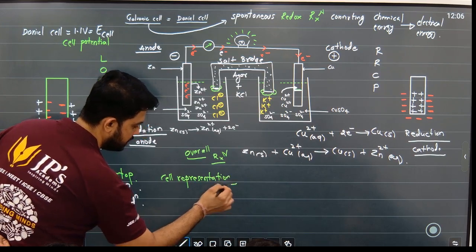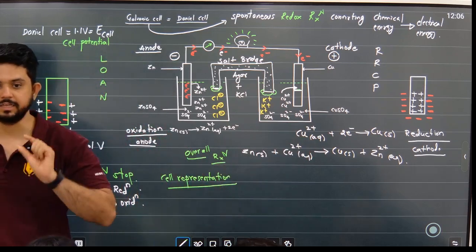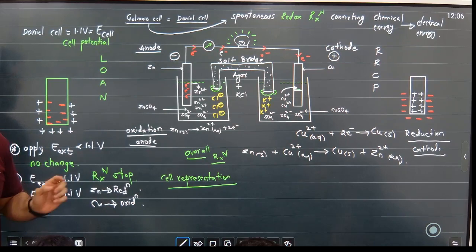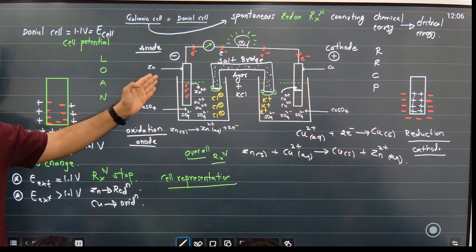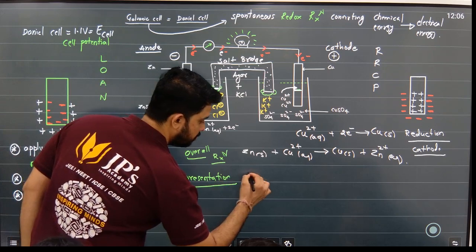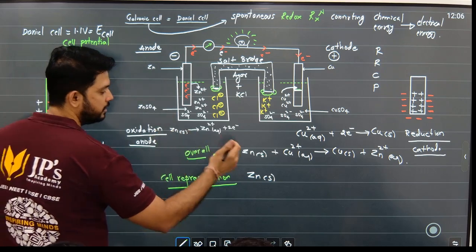representation. Cell representation means showing all this, but in a single line. So how do we do this? On the left hand side, what was the electrode? Excellent, zinc. What happened with the zinc electrode, people? It converted into Zn2+.